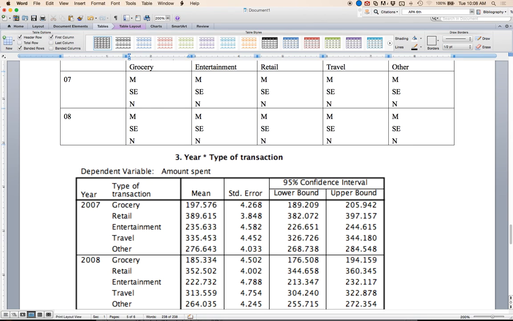Okay. So I'm going to fill this in. So I got 197.58. Standard errors 4.27. I don't have n yet. I'll come back to that. 185.33. Standard error 4.50. So you could probably fast forward and see how fast I can get to talking here.